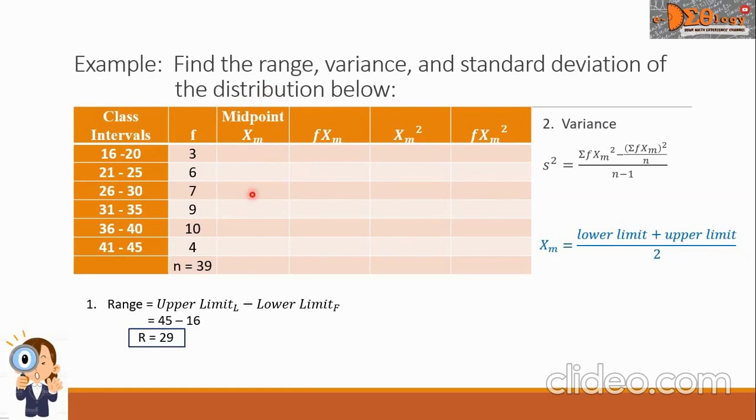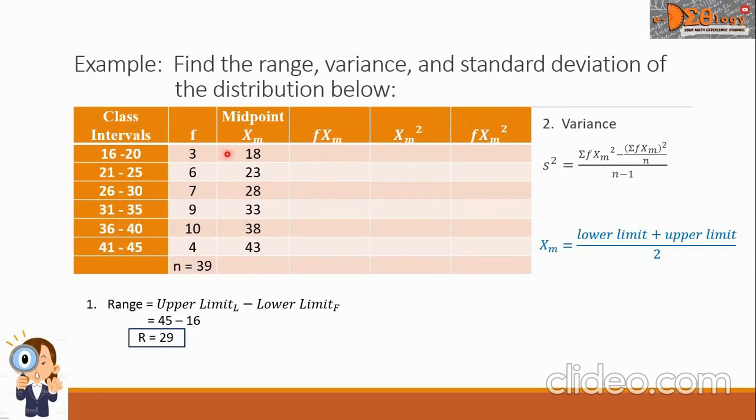So the numbers for the column of midpoints are here: 18, 23, 28, 33, 38, and 43. Let's go now to the next column, f times x sub m. It means to say, let us multiply the frequency and the class midpoint of each class respectively.